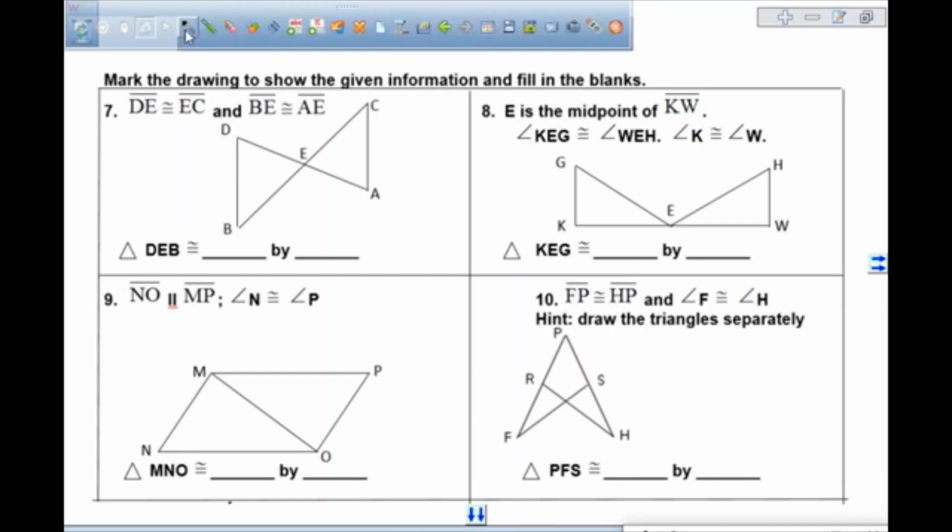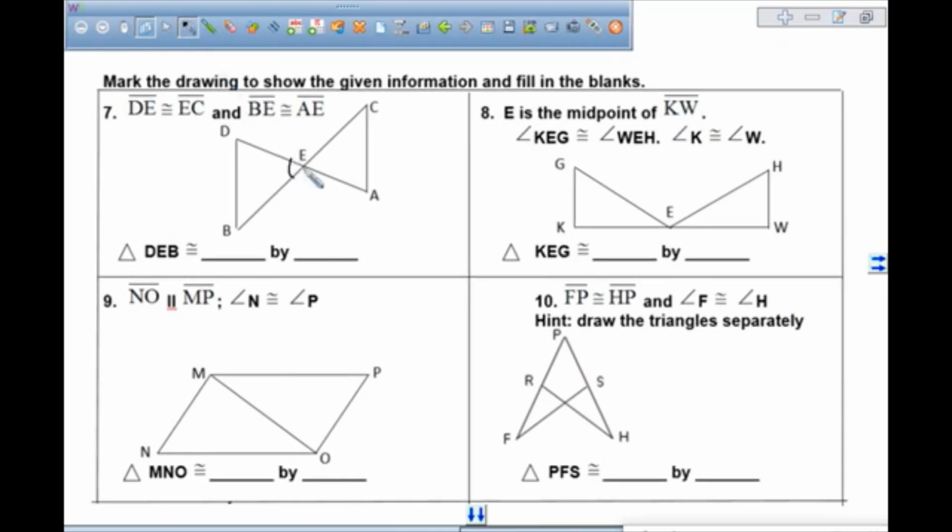So the first one, we need to mark our vertical angles because we know those are congruent. We know that DE is congruent to EC. We know that BE is congruent to AE.